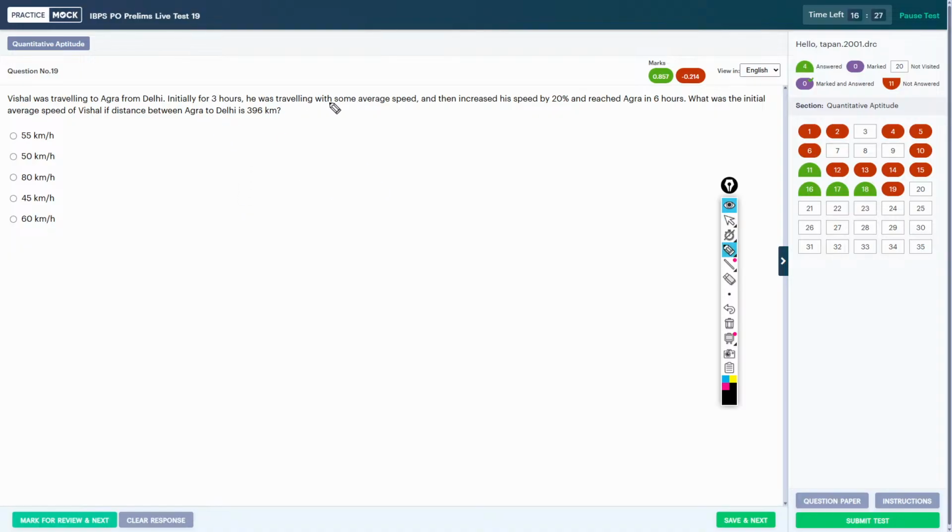Initially 3 hour average speed, then increase the speed by 20%. So 5 to 6 speed, time 6 to 5, and reached Agra in 5 hours.